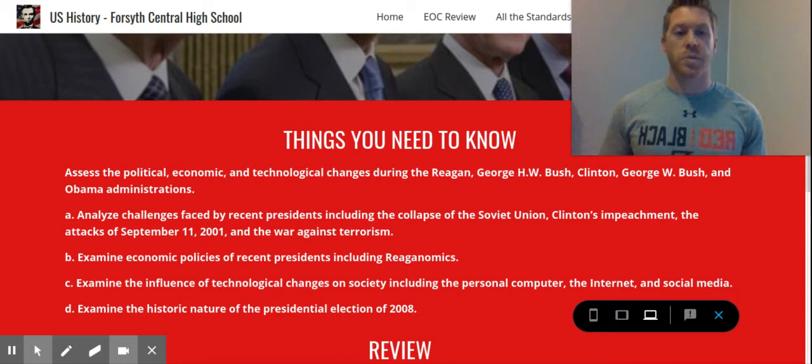The next president is George W. Bush. So George Bush Jr. He is known primarily for being president during the time of the 9/11 terrorist attacks, because a lot of his 8 years in office was spent trying to attack this war on terror, as he phrased it.